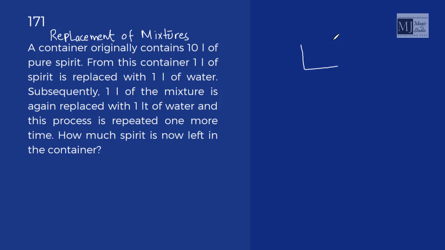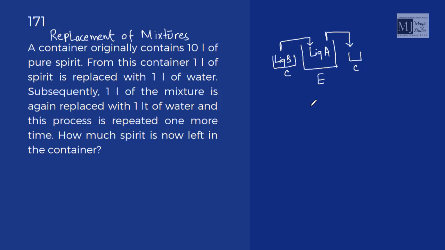We have a container, let its size be E, filled up with liquid A. With the help of a small container, let its size be C, we take out liquid A from this and add liquid B to it of the same capacity C. Again we take out C from the container, which now contains a mixture, and then replace it by 100% liquid B, and we keep on doing so.